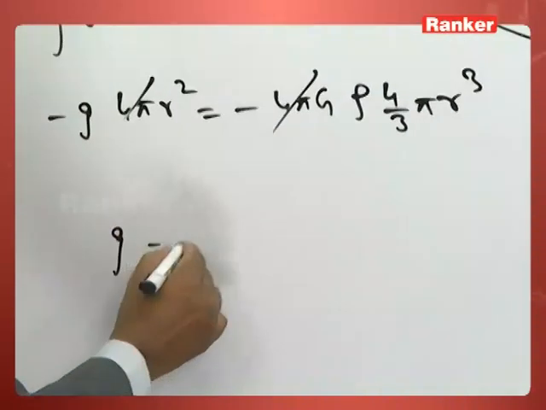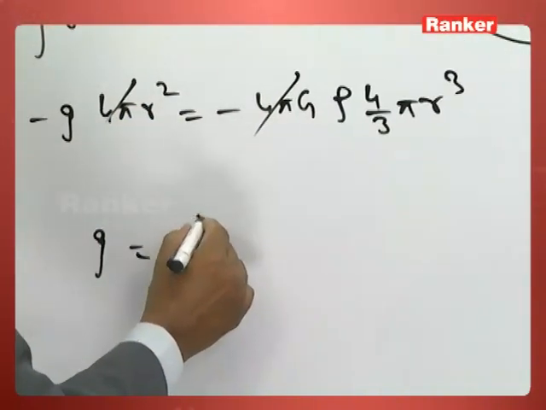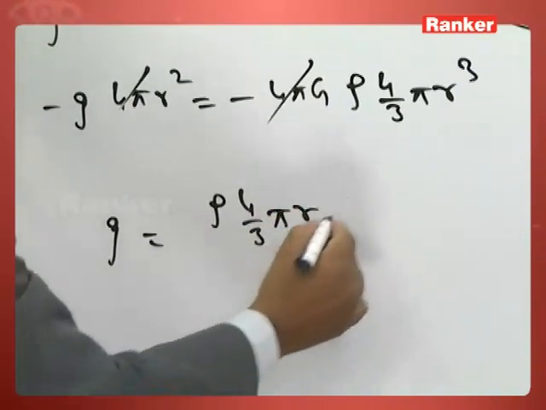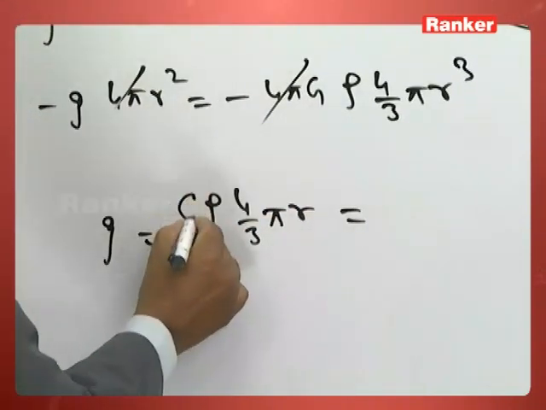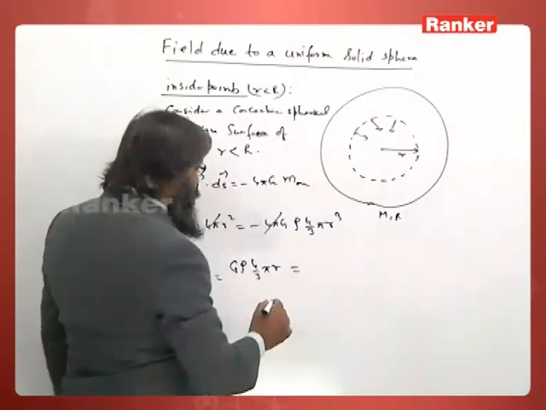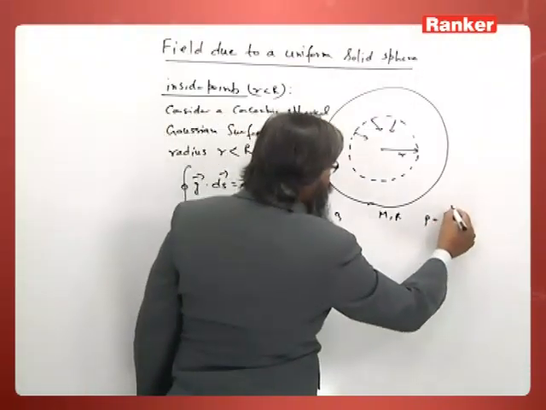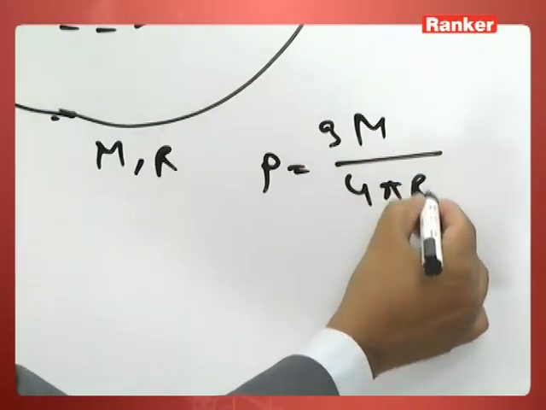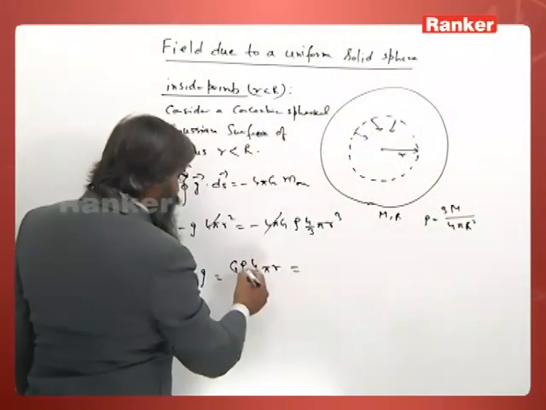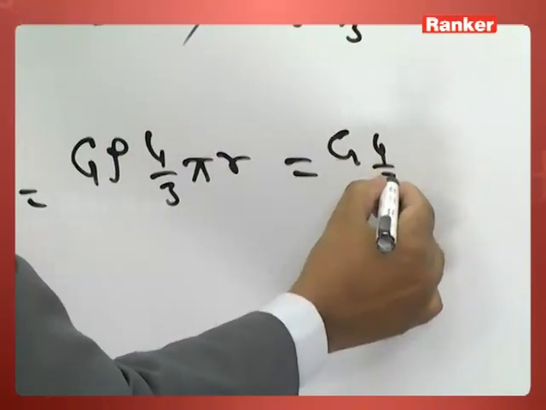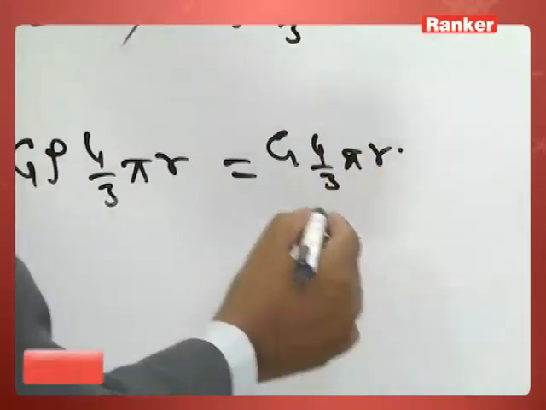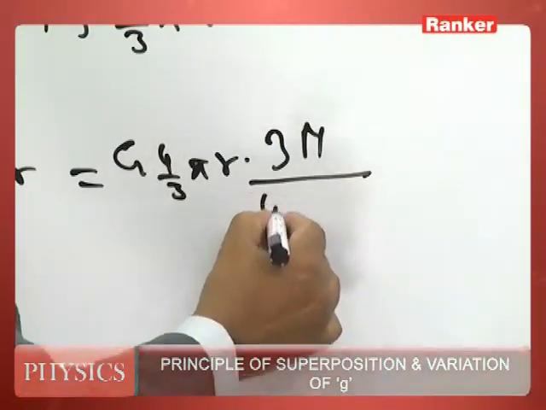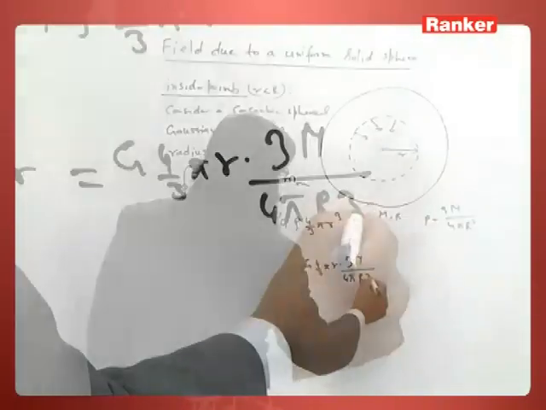So, g becomes, with r square there, rho into 4 by 3 pi r and one G. Now, rho is capital M divided by 4 by 3 pi R cube, so rho is 3 M by 4 pi R cube.